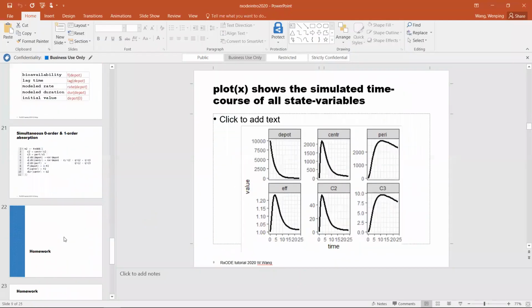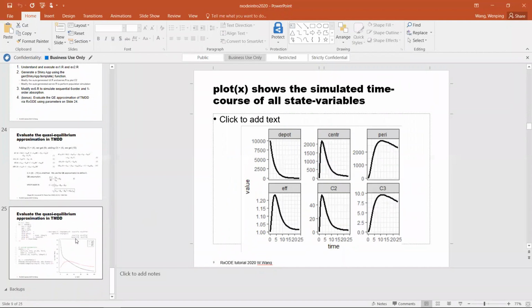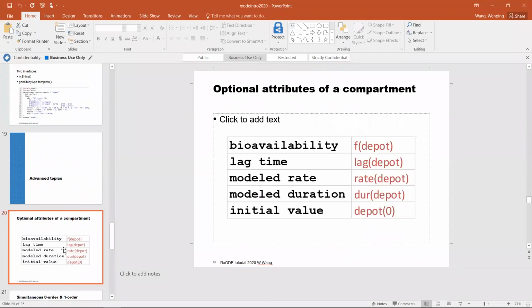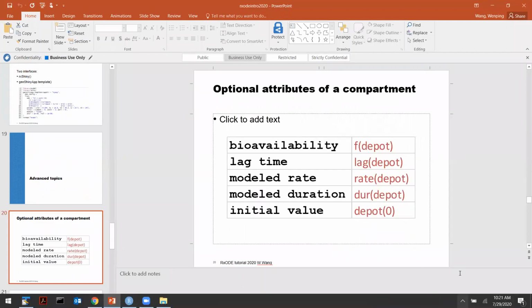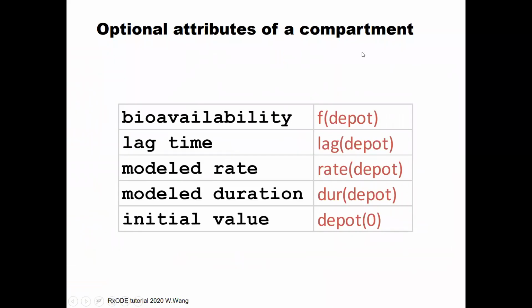And you can do the same thing with other attributes, including bioavailability. Then you use this keyword F, then whatever the compartment that you want to modify the bioavailability. If you have a lag time, you use this keyword lag to define the lag time of a compartment.